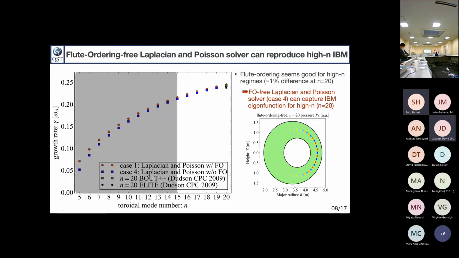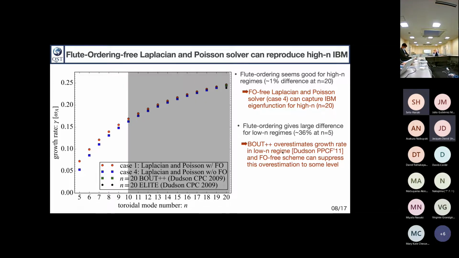For the high-n regime, the growth rates calculated with and without flux ordering agreed well, so the flux ordering seems good for high-n regimes. It is also confirmed that the flux-ordering-free Laplacian and Poisson solver, case 4, can capture the ideal ballooning mode eigenfunction correctly, as is shown in the figure below.